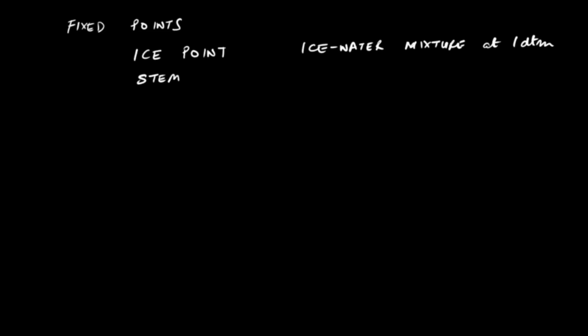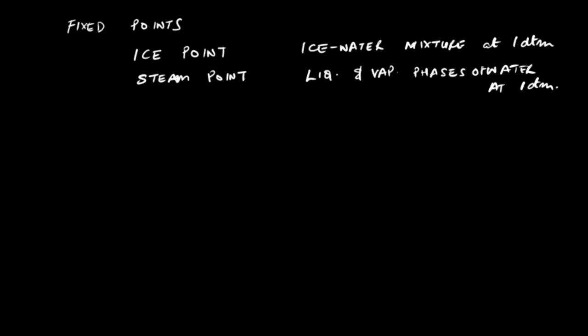One fixed point is called the ice point, that corresponds to an ice water mixture at 1 atmosphere pressure, and another fixed point is the steam point that corresponds to the equilibrium between the liquid and vapor phases of water at 1 atmosphere.